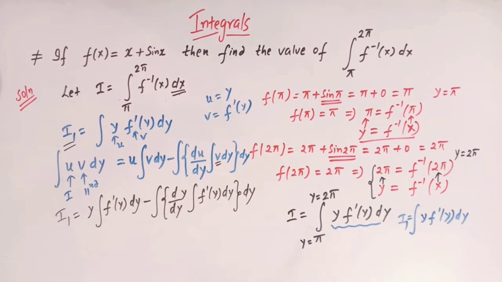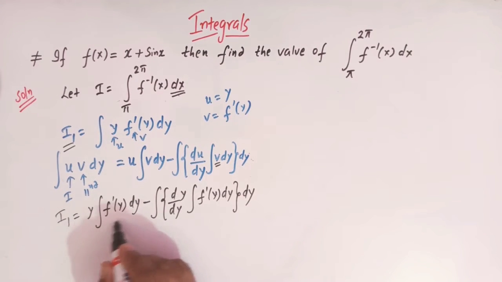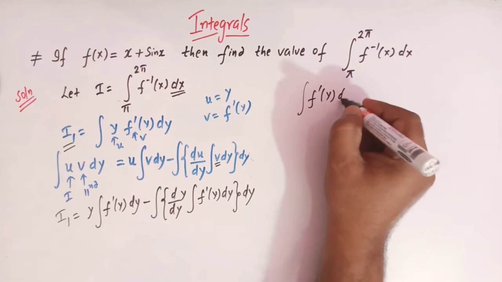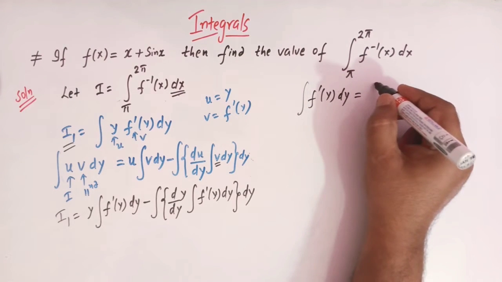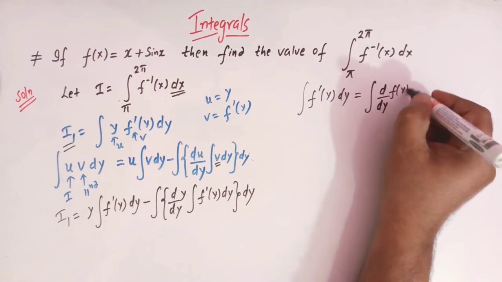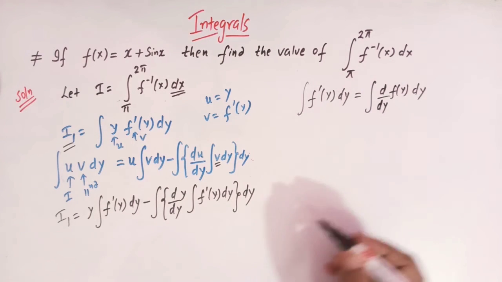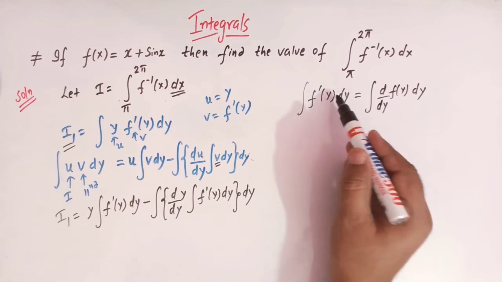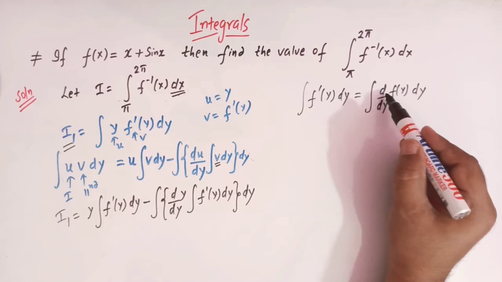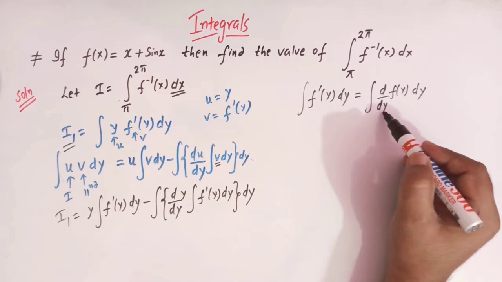Okay. So now we see that the integral of f prime of y dy can be written as integral of the derivative of f of y and dy, right? So this expression can be written like this, because for f prime of y we have written df over dy, right?